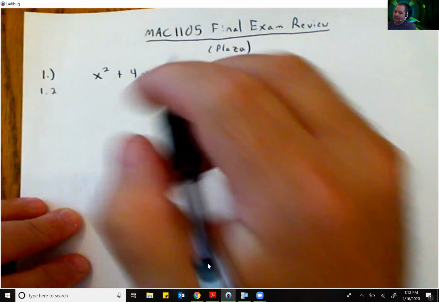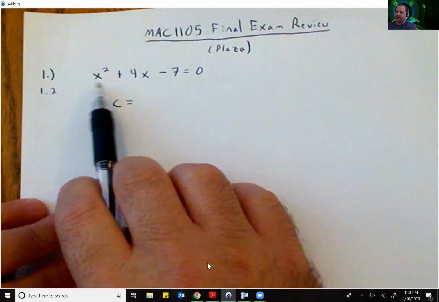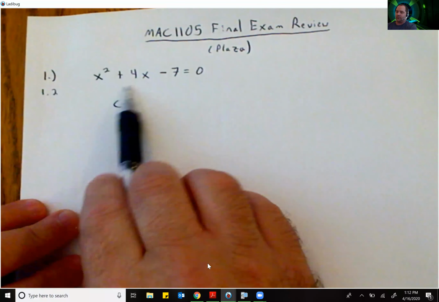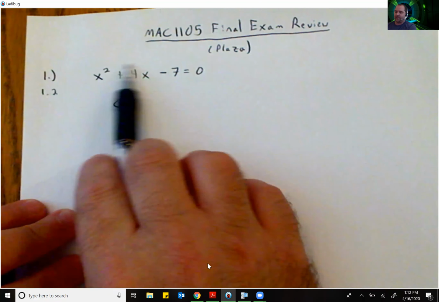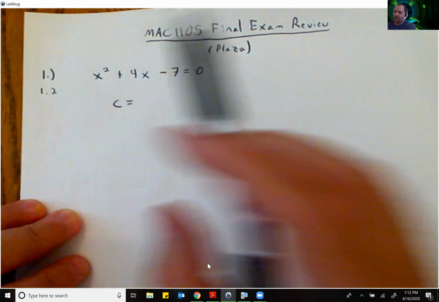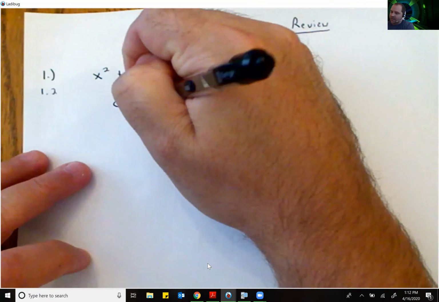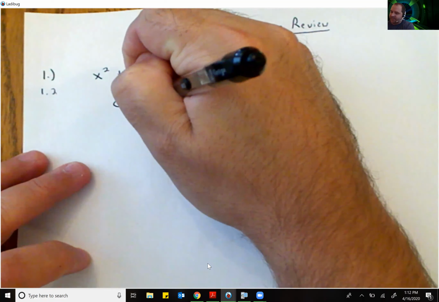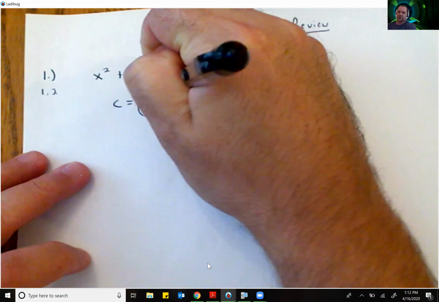The first thing you got to do is find a C value that's going to make this part factorable. In complete the square, we want to make this factorable. So we're going to find a C value. And to find that C value, you're going to take B divided by 2, squared.